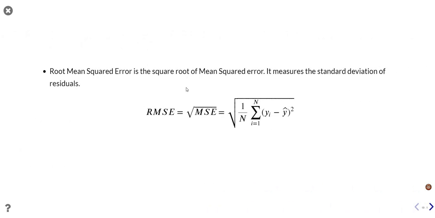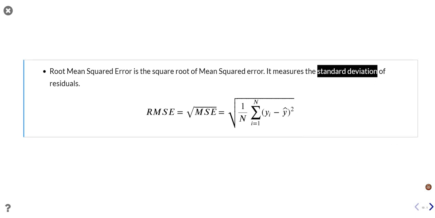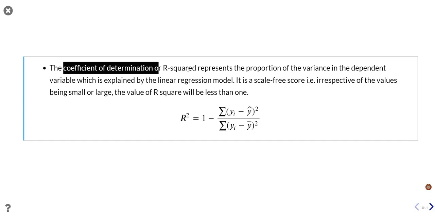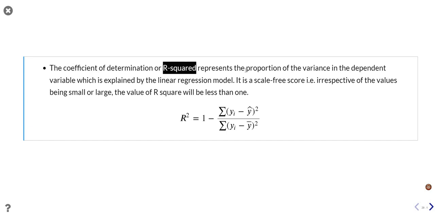And we have the root mean squared error, which is nothing but the square root of the mean squared error. Taking the square root of the variance, you get the standard deviation of all the residuals. So this is the formula for that. And there is one more thing known as the coefficient of determination, or R squared.